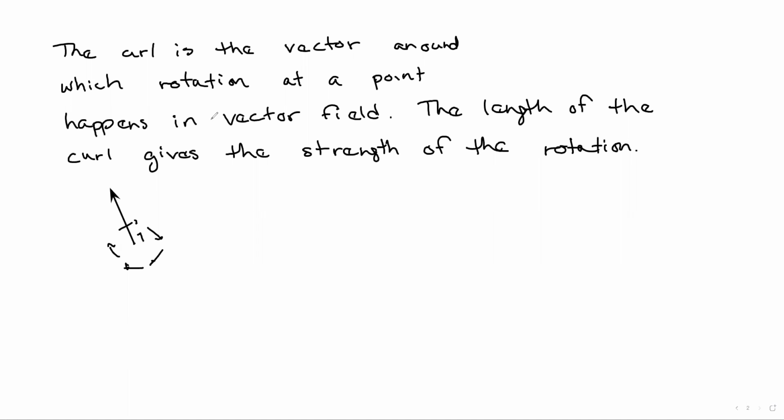So the curl is the vector around which the rotation occurs. Here's your vector field behavior, and here's your curl vector. The rotation is around the curl vector, so the curl vector is perpendicular to the rotation.